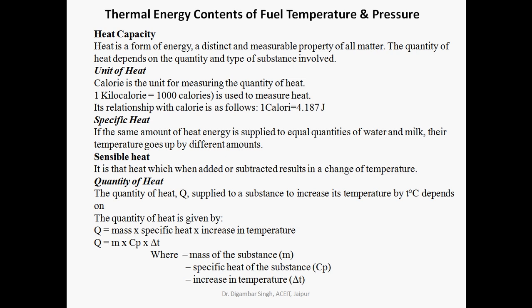Next is quantity of heat. The quantity of heat Q supplied to a substance to increase its temperature by degrees Celsius is given by Q equals mass times specific heat times increase in temperature. So Q is equal to M into Cp into delta T.